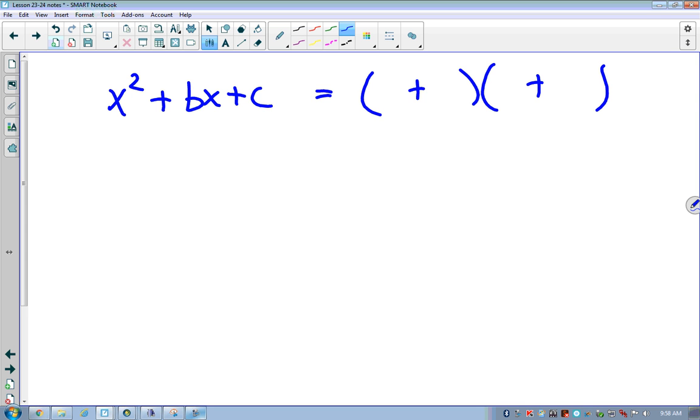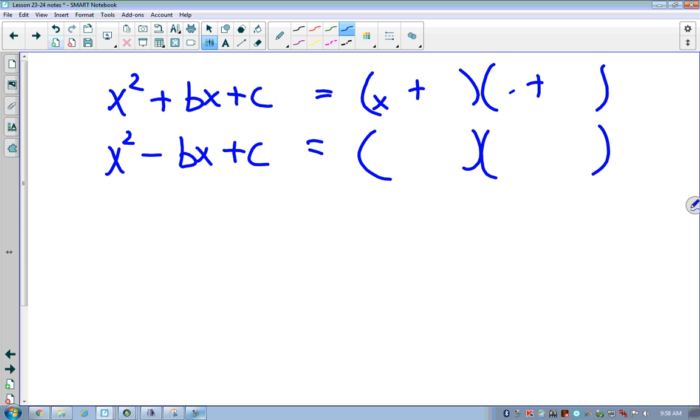Let's say I've got x squared, let's say minus bx plus c. These help in terms of if this is x. So I'm going to get x plus, down here I should get x and x. If it's minus plus, does anybody know what my signs should be?